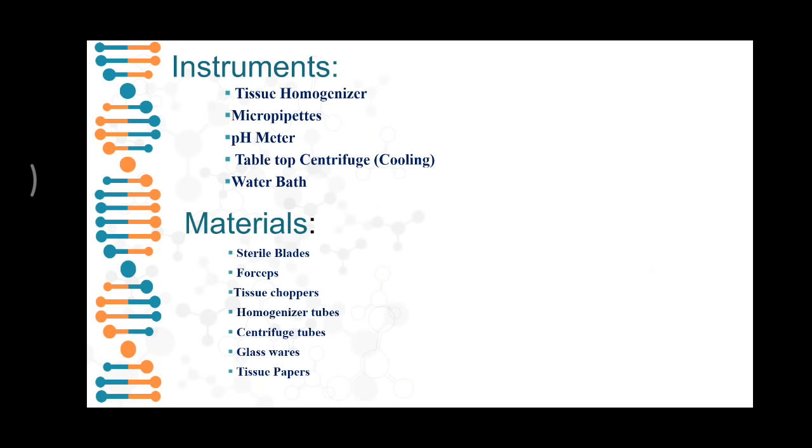Some of the major instruments and materials used in DNA isolation were tissue homogenizer, micropipettes, pH meter, tabletop centrifuge. Basically the cooling centrifuge is preferred, and water bath. The materials we have to be aware of are sterile blades, forceps, tissue chopping materials, homogenizer tubes, centrifuge tubes, glasswares, tissue papers as well.